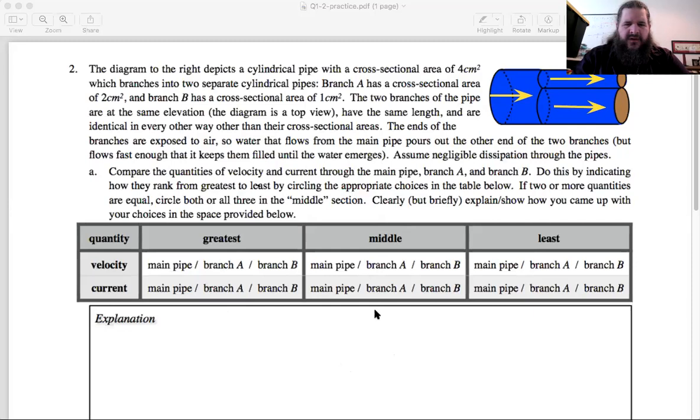So let's call those, let's say I sub 0, I sub A, and I sub B. I sub 0 is the current flowing in this main pipe, and then branch A looks like it's the wider one, so current A in this wider one, and then current B in the narrower one.